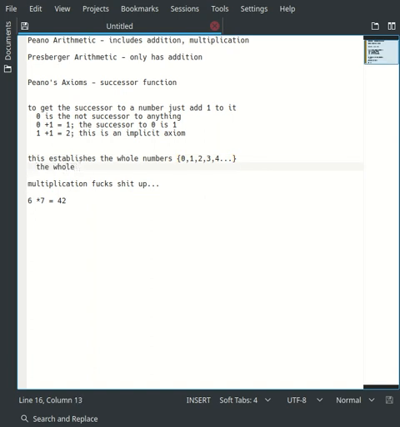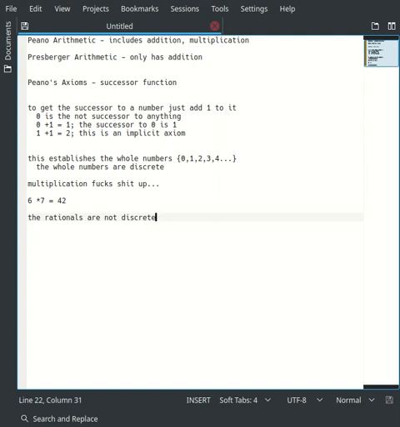this is discrete. So with fractions we get the rationals. The rationals, they're not quite continuous, but they're not discrete.